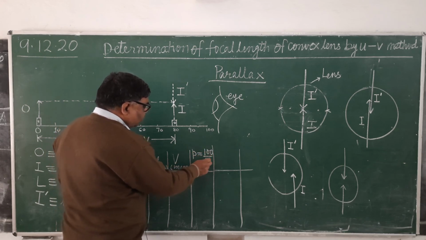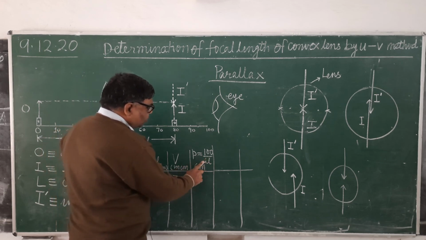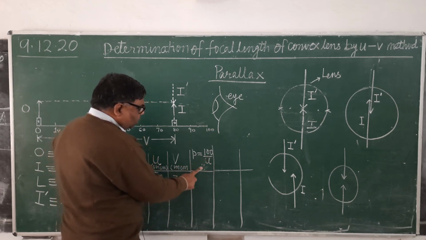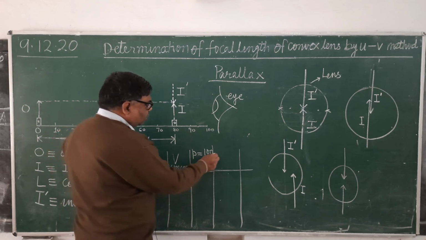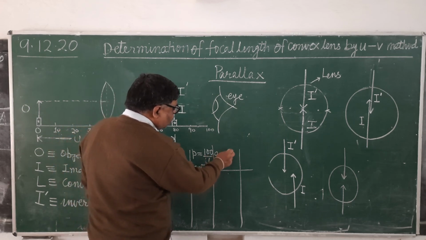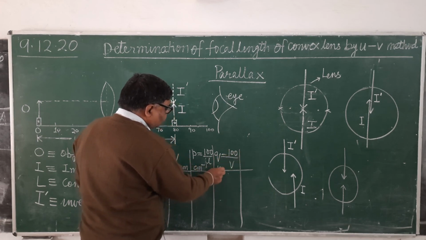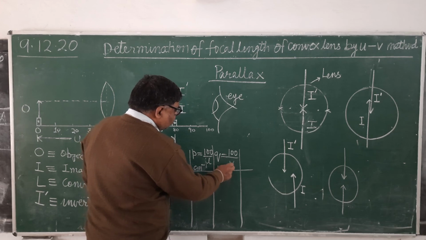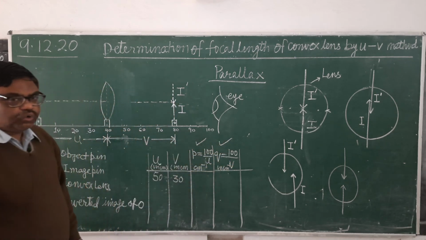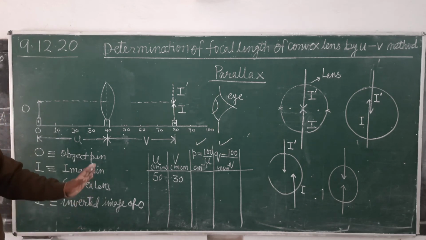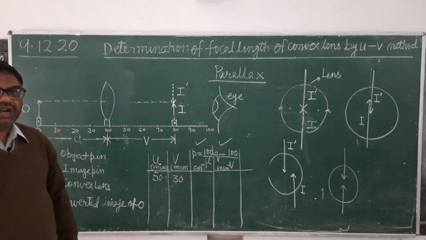It will be given in the question paper what you have to calculate. What will be the unit? It will be centimeter inverse, because u is in centimeters. Q equals 100 upon v in centimeter inverse. So it will be given in the question paper what you have to do. The rest will be the mathematical part, and you have to draw the graph.